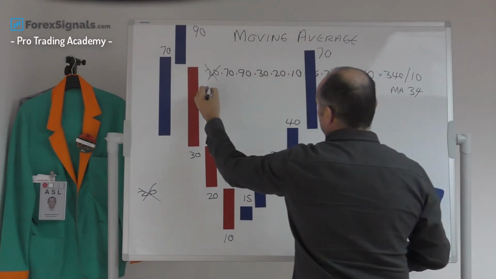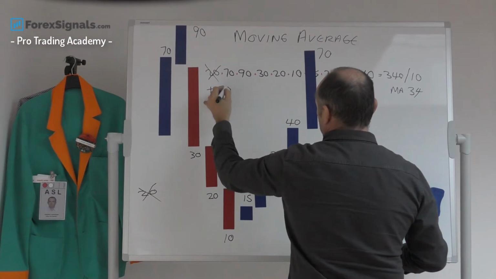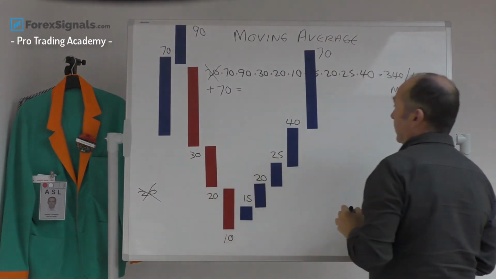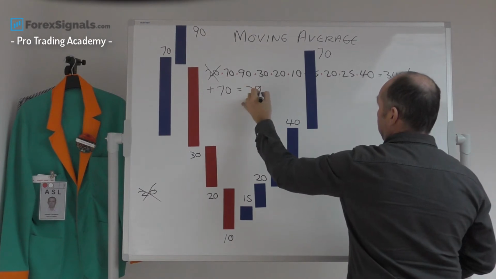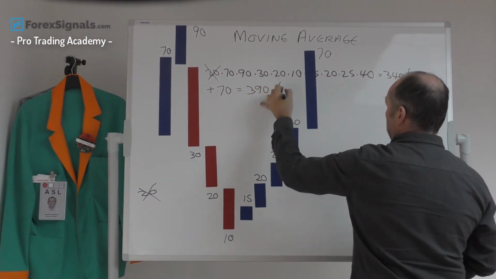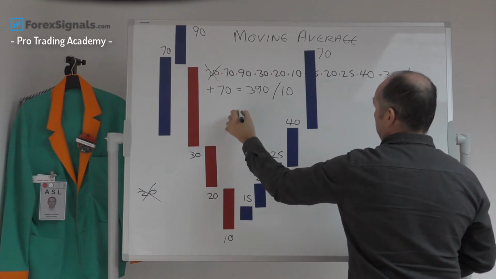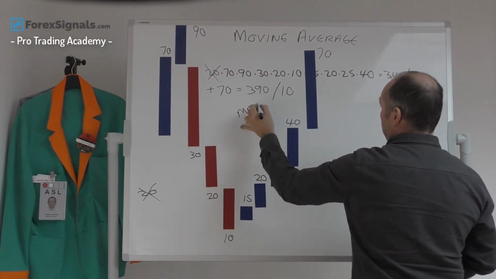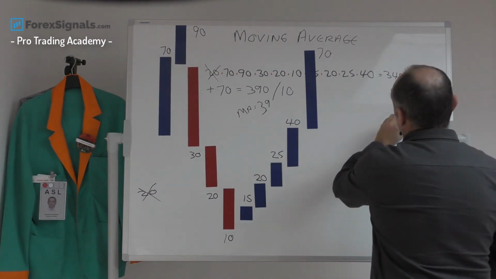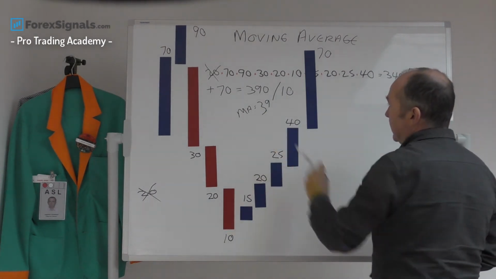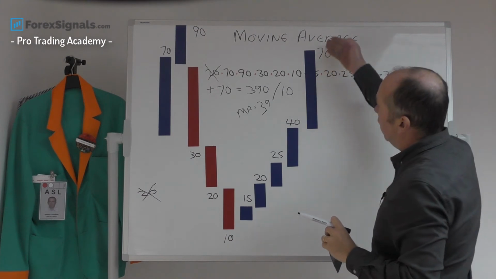So we now add 70 into the calculation. You add all that up together, we'll come to 390, divide that by 10, and the moving average, MA, is now going to be 39. So you can see the moving average has moved from 34 to 39 as we've had a new, much higher close.